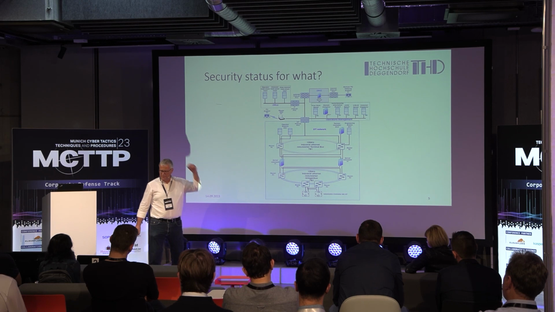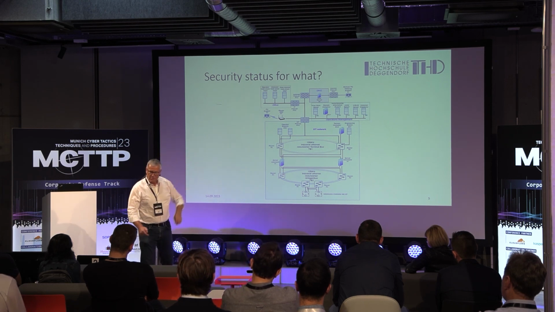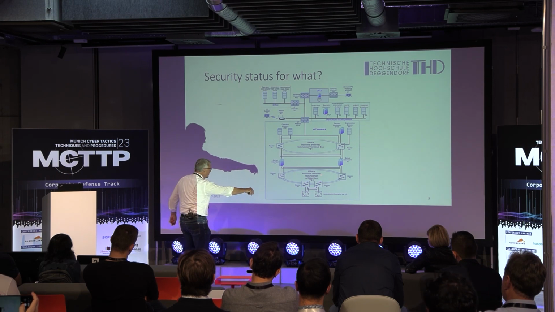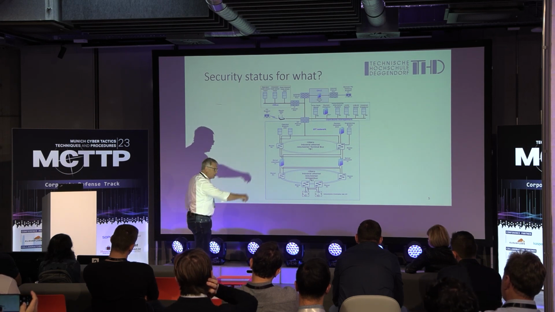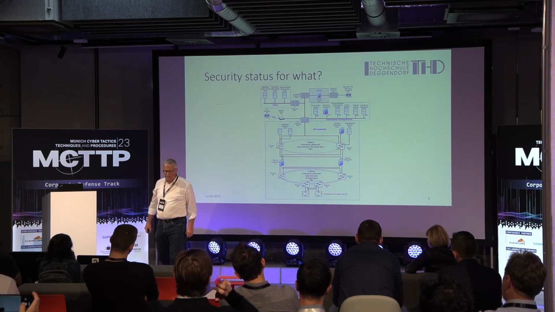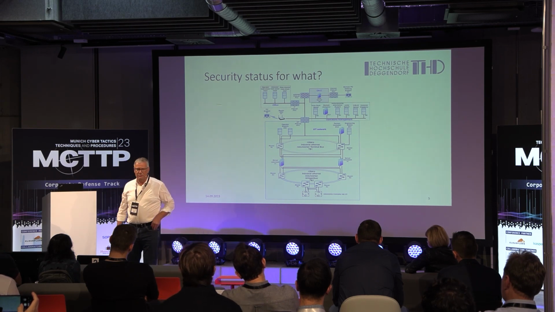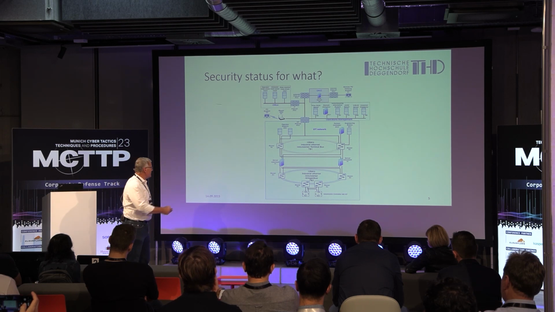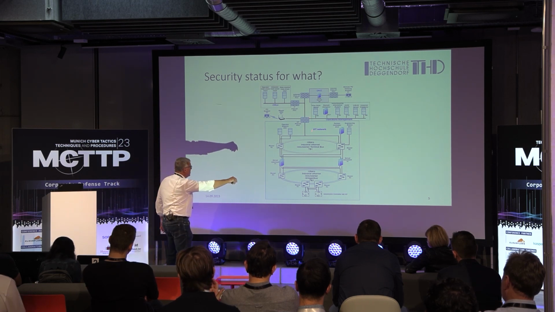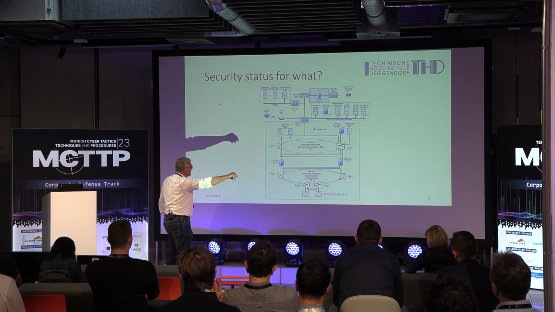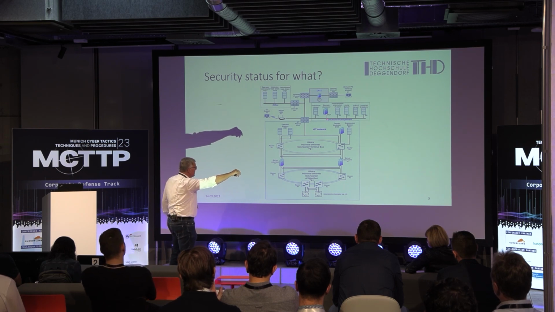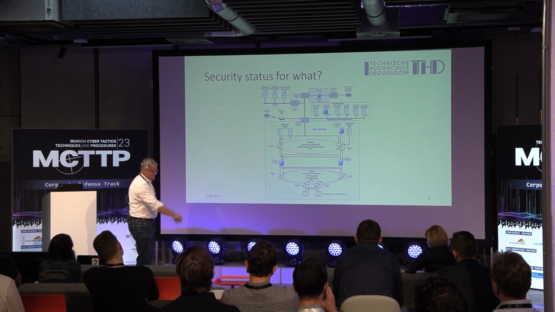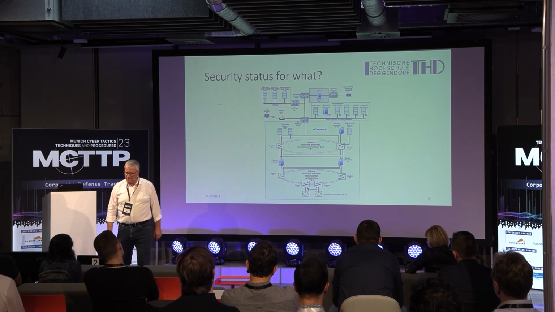If you are familiar with the Purdue model, we are here in Purdue model level 0 and 1, and then we go to level 2 to control a system like a chemical plant, a railway, a production line. And then this is connected today to some jump devices with which we do the control of this system, let's say, by supervisory.